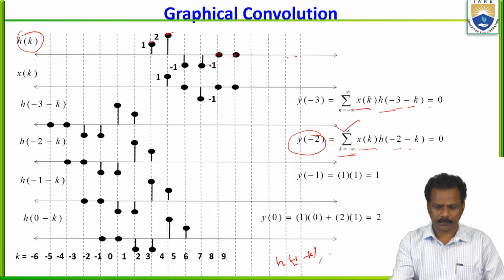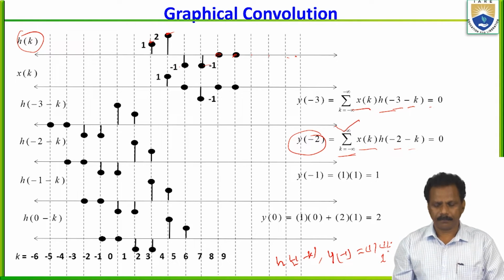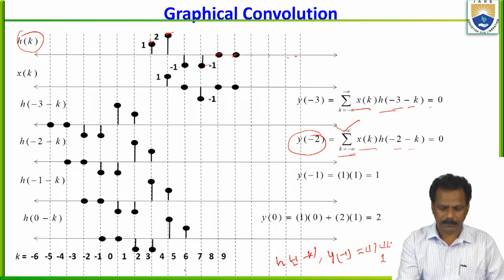Within this, y of minus 1 is equal to 1 into 1, followed by 1 like this. Similarly h of 0 minus k, how it varies.